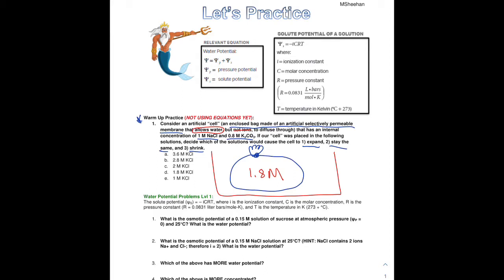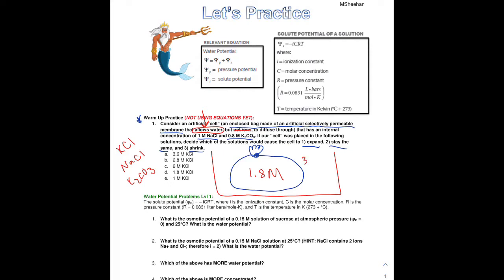All of these, the Na and Cl, the K2CO3, and the KCl's, would dissociate into ions. So we're looking at how the water is going to move and not the ions.